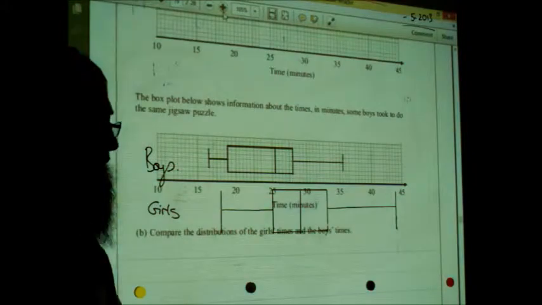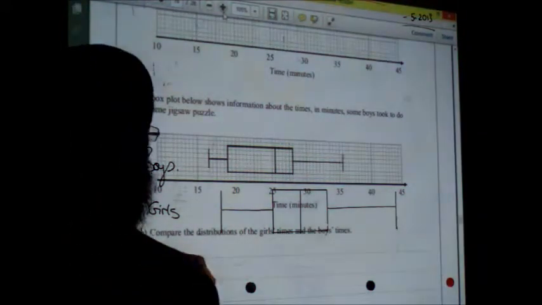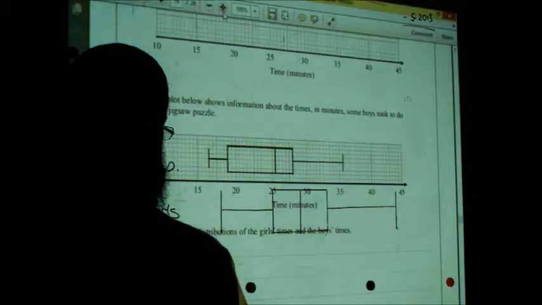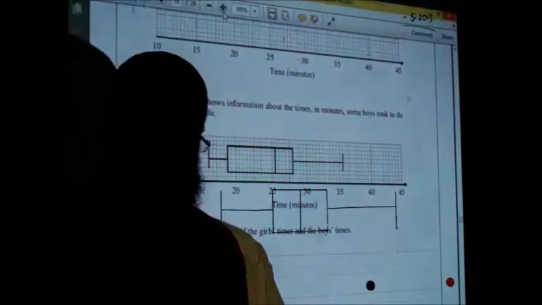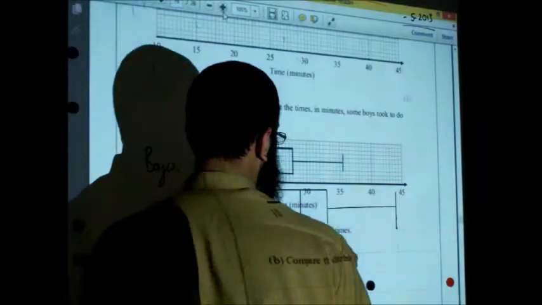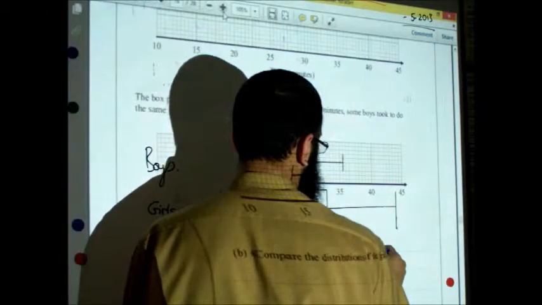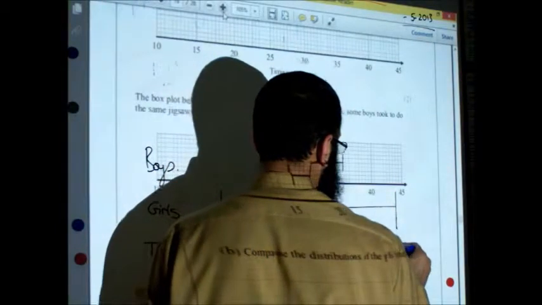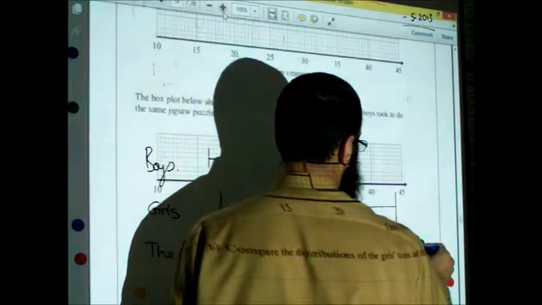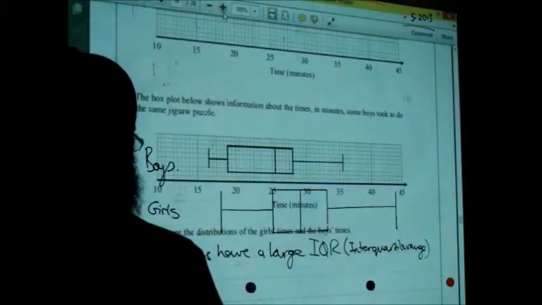Compare the distribution of the girls' times and the boys' times. So let's write first of all, the boys have a larger interquartile range than the girls.